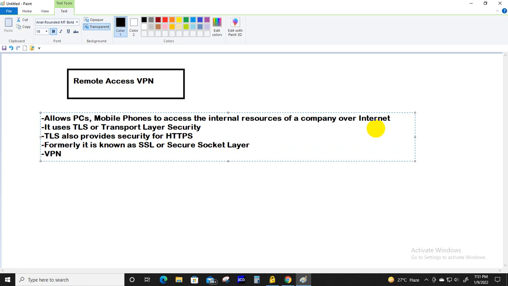VPN client software must be installed in end devices. Like Cisco AnyConnect is a VPN client software.